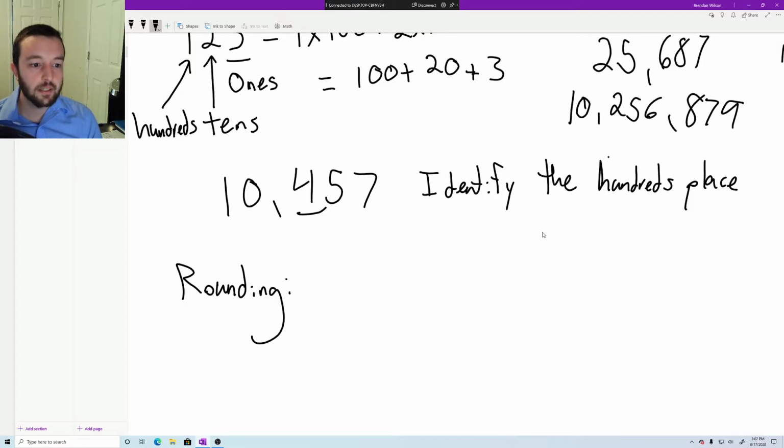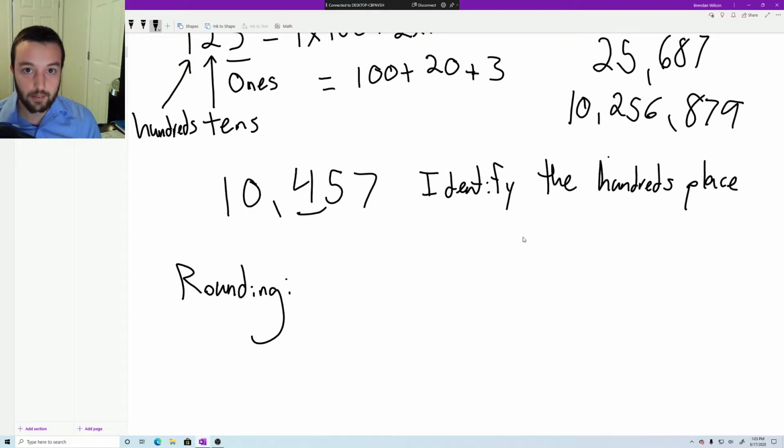But if the car is $10,457 and we have, say, 10,000, now maybe we want to be a little bit more precise because we need to know exactly how much we need to get to the point where we can afford the car. So then we say, okay, it's $10,457 exactly.